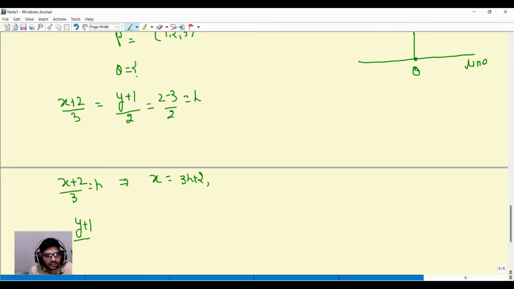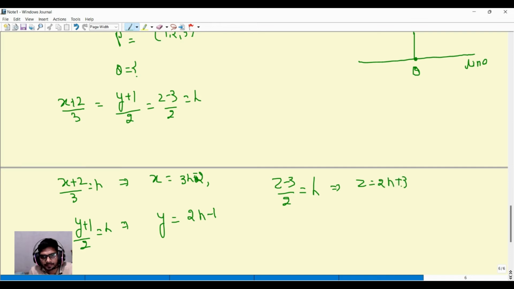From the second, (y + 1)/2 = lambda gives y = 2 lambda - 1. From the third, (z - 3)/2 = lambda gives z = 2 lambda + 3. So the point is (3 lambda - 2, 2 lambda - 1, 2 lambda + 3), the coordinates of Q. But we do not know the value of lambda.